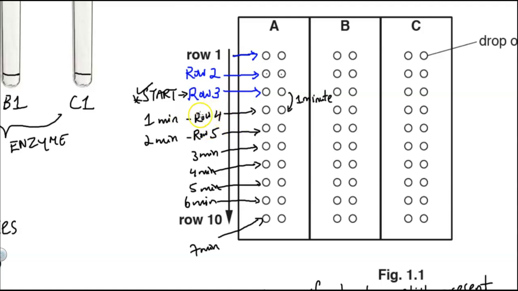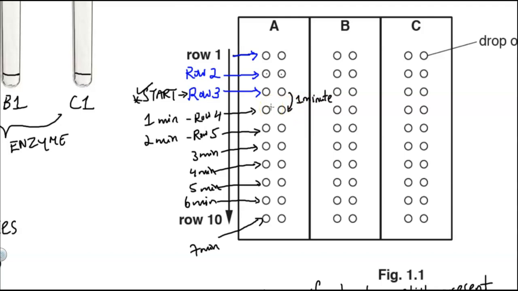It's describing it. So row 4, what we know now is on the white tile, row 4 represents the sample, or represents the reaction after 1 minute. So we dip the glass rod here and here, and we look at the color change.